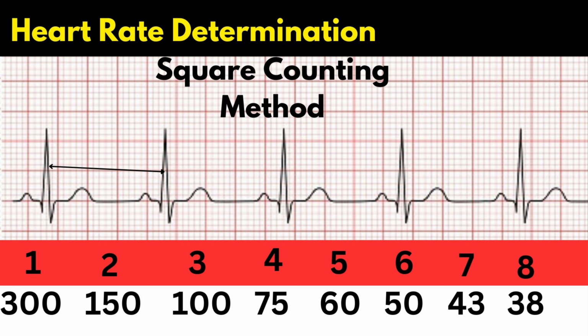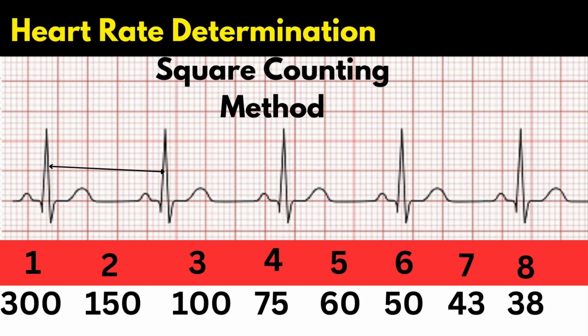If there is one large box between two QRS complexes, the rate is 300. If there are two large boxes, the rate is 150. If there are three large boxes, the rate is 100. If there are four large boxes, the rate is 75, then 60, 50, 43, and it goes on. So this is the simplest method to calculate rate from an ECG.